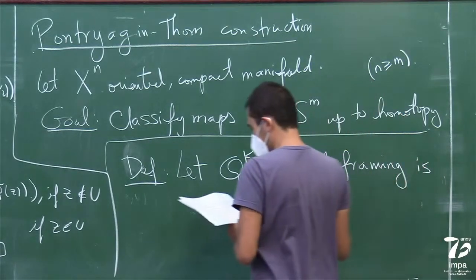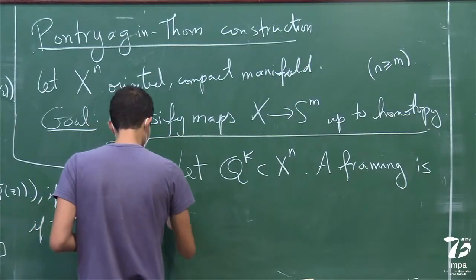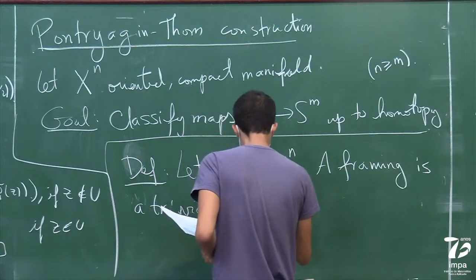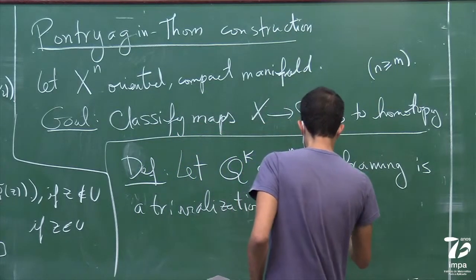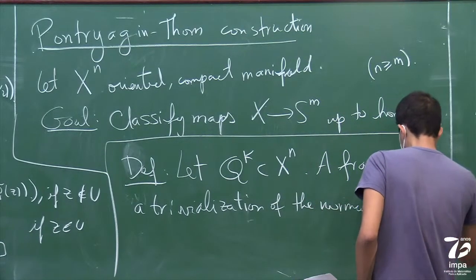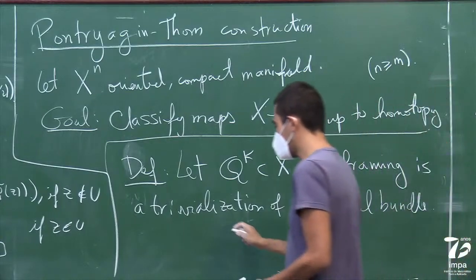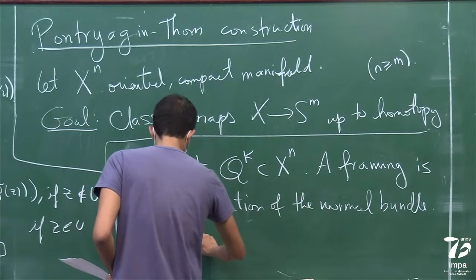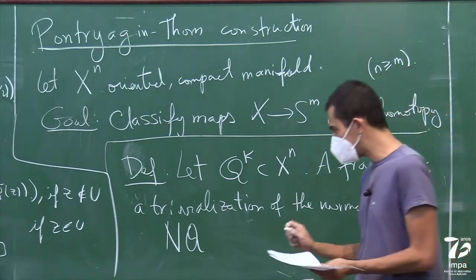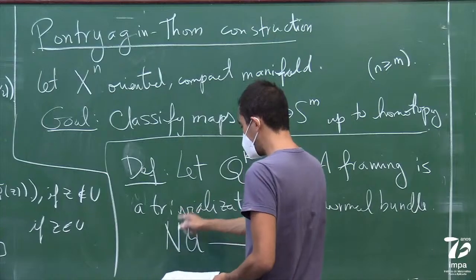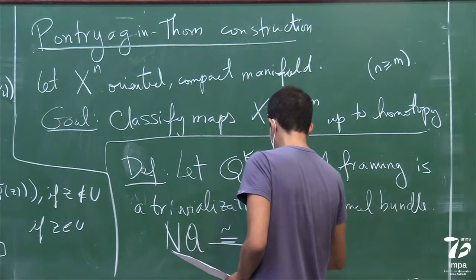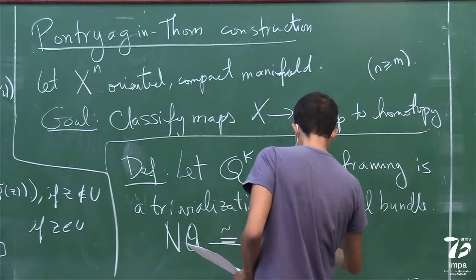A framing is a trivialization of the normal bundle. So that means, I know the fibers of the normal bundle are all R^(n-k). But a framing is a specific choice of an isomorphism, of a diffeomorphism of this to Q times R^(n-k).